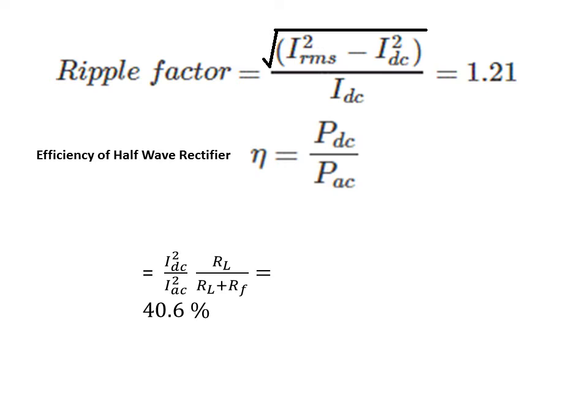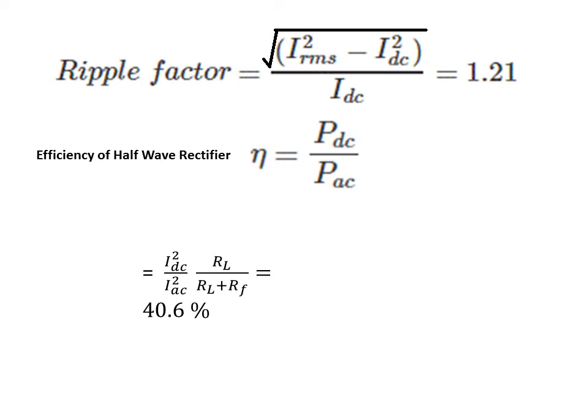So in this case also you can substitute for IDC as Im by pi and IAC as Im by 2, and then you have to make an approximation here. RF is the forward diode resistance and it is very small compared to the load resistance.